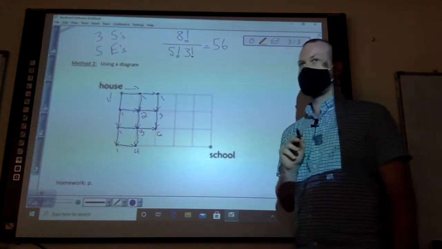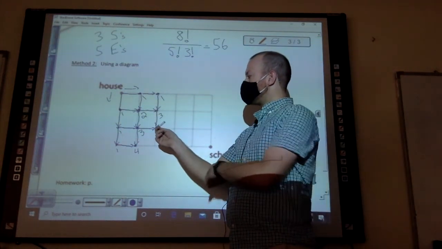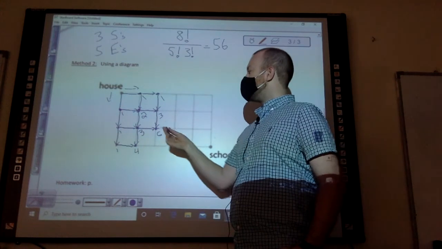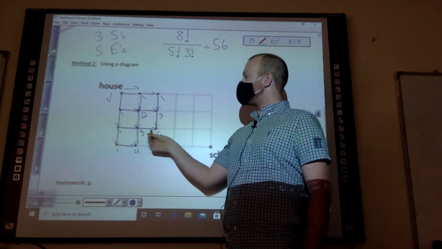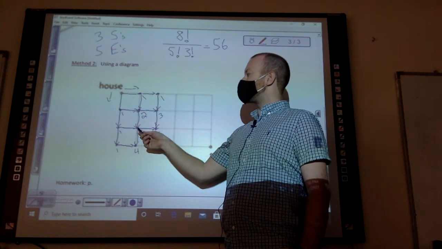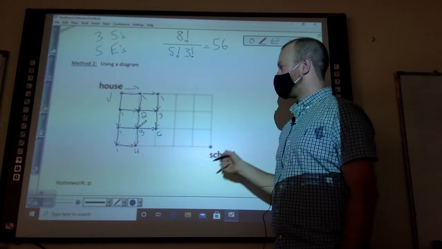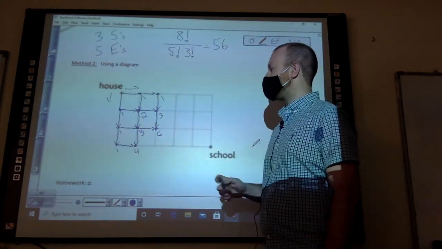This is a 6. To get here? So to get to here, I can come from this way or this way, correct? And to get here, there's 3 ways. Yeah, so you're just basically following this pattern.